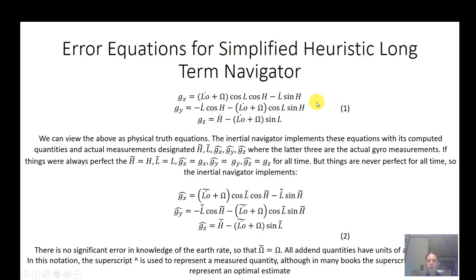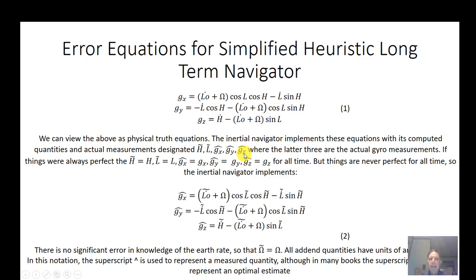So repeating those equations in one, these are the fundamental whole value equations that we could represent as physical truth equations. Now, of course, we never have perfect measurements or perfect initial conditions, and therefore our indicated outputs of latitude, longitude, and heading are never totally true.